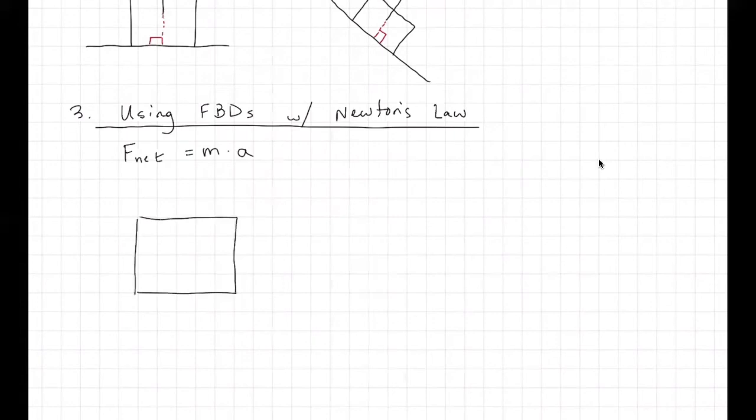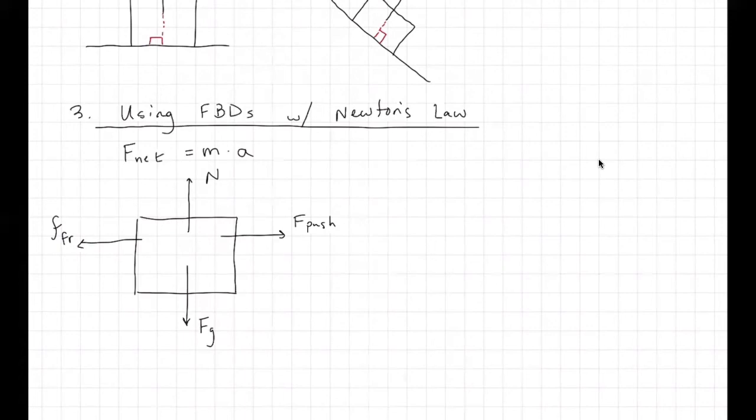Here's our box. We said there's a pushing force. We said there's a gravity force. We said there's a normal force. And we said there's a frictional force. I'll just indicate that with a fancy F sub FR. Okay, so how do we actually use this to solve problems? Well, we establish a coordinate system.